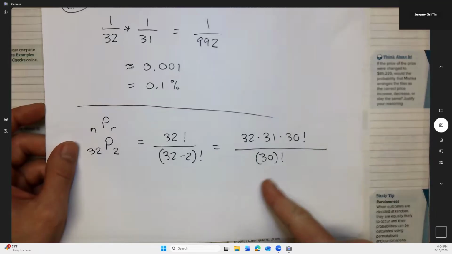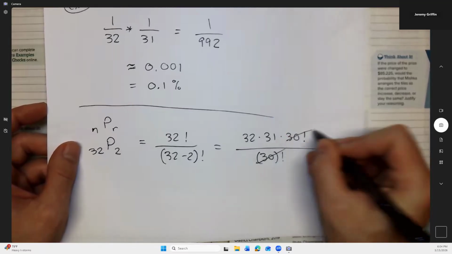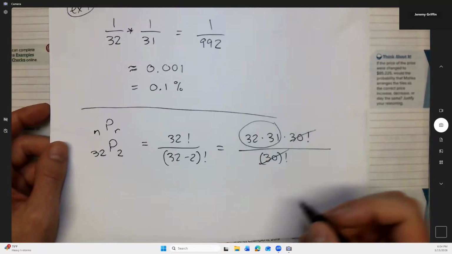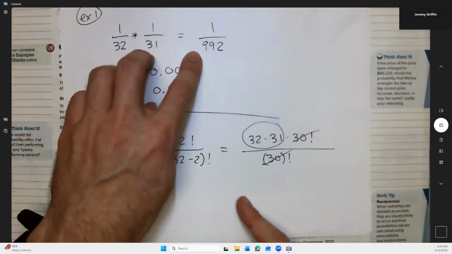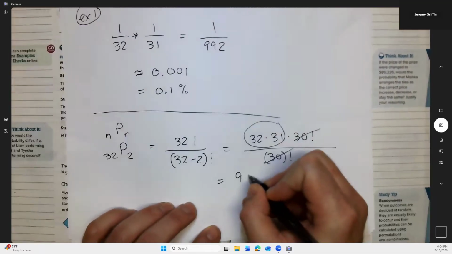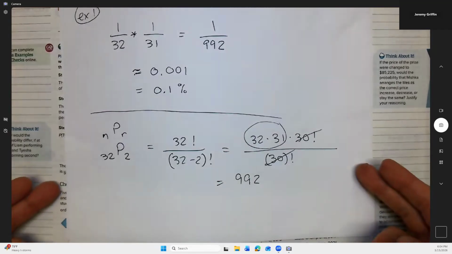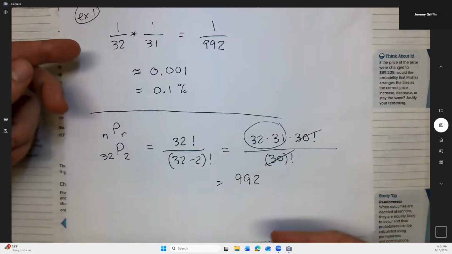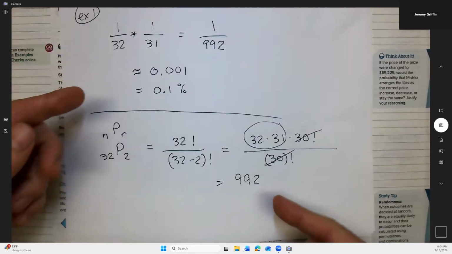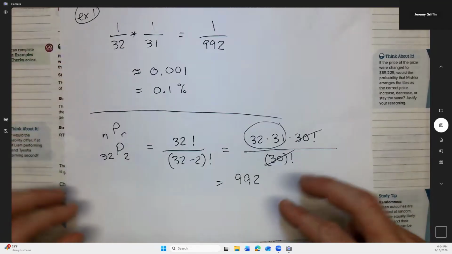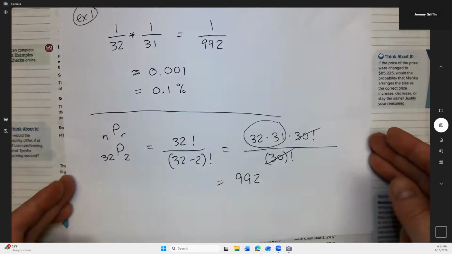You see why I stopped right here, because you can quickly cancel that. So it's 32 times 31, which we did up here, which is 992. So there are 992 permutations of this outcome, and the probability of being specifically these two in a specific order is one out of that, which is what we did before. That's it there.